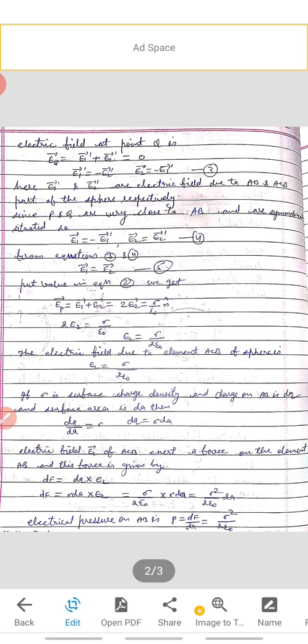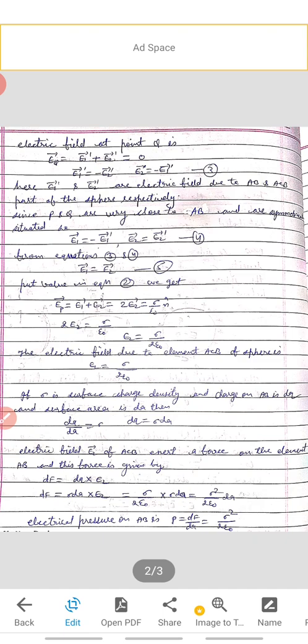If sigma is the surface charge density, the charge on AB is dq and the surface area is dA, then dq by dA is equal to sigma, so we can write dq is equal to sigma dA. The electric field E2 of ACB exerts a force on the element AB, given by dF is equal to dq into E2.